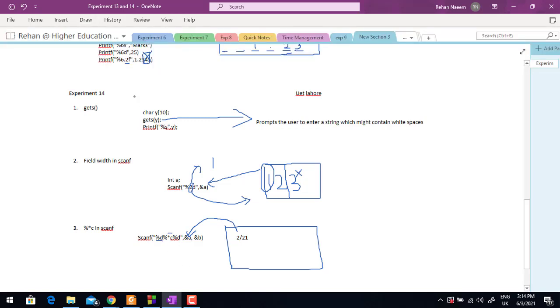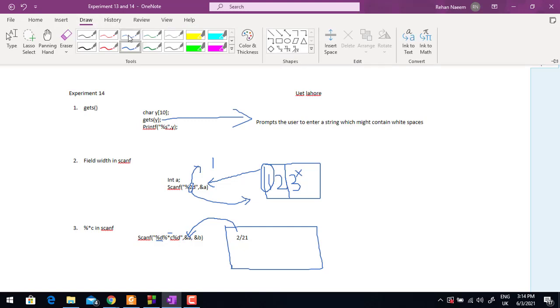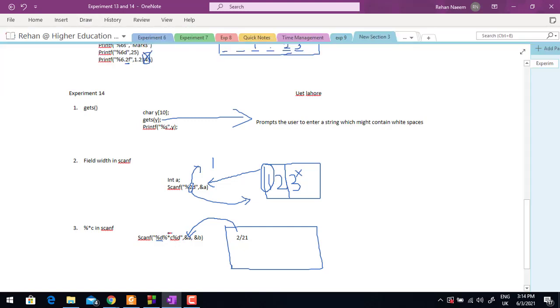Whereas this %*c indicates to the computer that the character entered by the user after the integer is to be ignored.